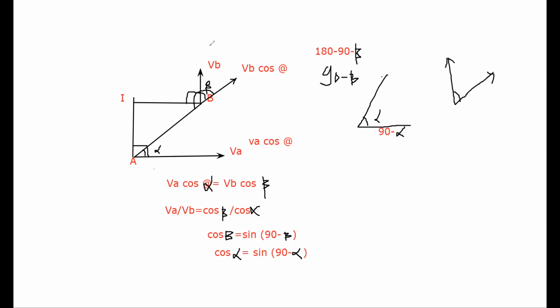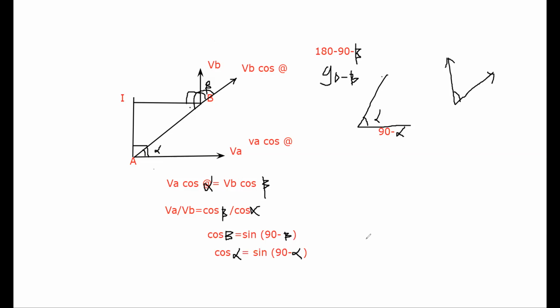The Lami's theorem I won't tell you because we have already learned this. So directly we can write AI divided by sine 90 minus beta. If you see this portion AI, what is the opposite of this one? This angle is nothing but, as we have written, sine 90 minus beta.